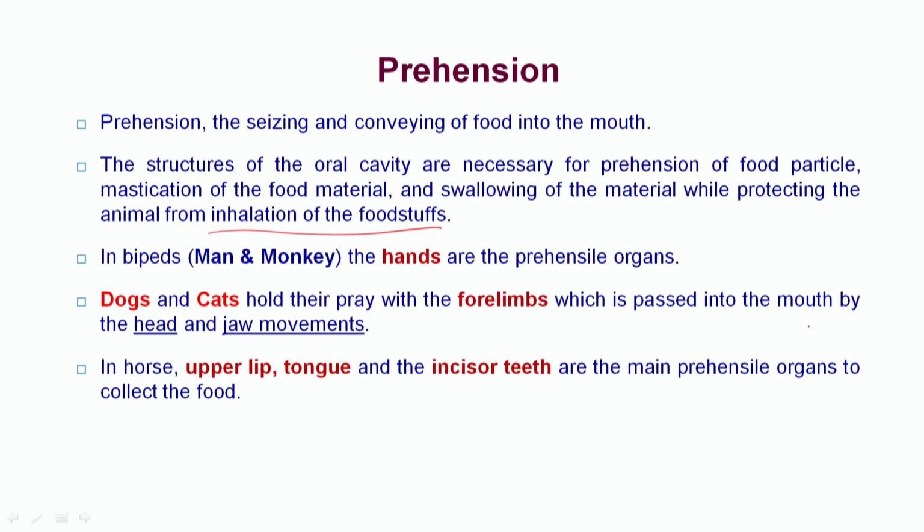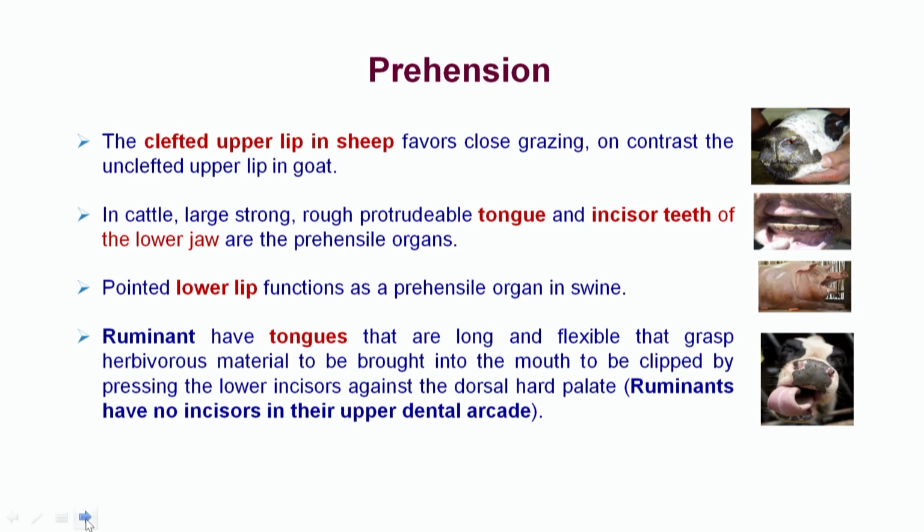In the horse, the upper lip, tongue and incisor teeth are the main prehensile organs. In the sheep, the clefted upper lip favors close grazing, in contrast to the unclefted upper lip of the goat. In cattle, the large, strong, rough, protrusible tongue and the incisor teeth of the lower jaw are the main prehensile organs.